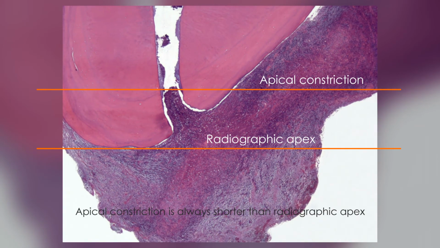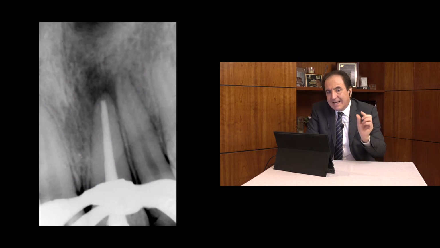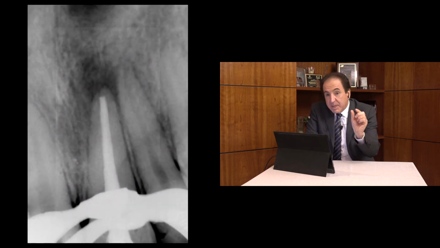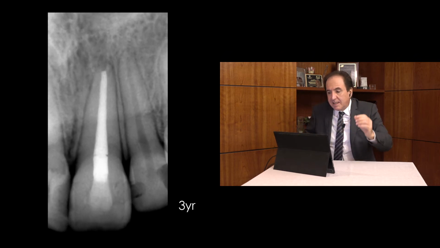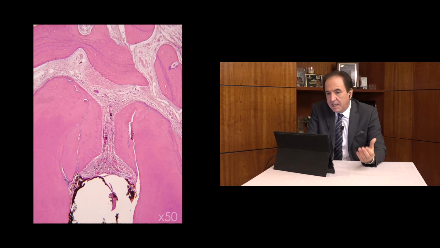There, I belong to the biological school, so our goal is to produce a clean wound at the apical constriction and to just adapt the obturation material, because this is a basic principle of wound healing.